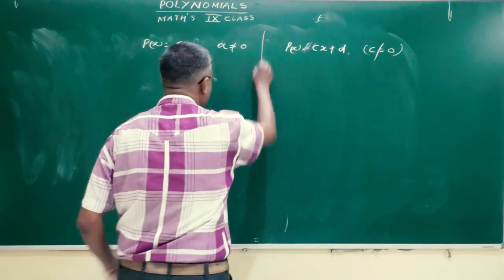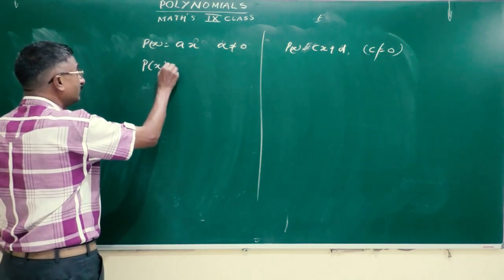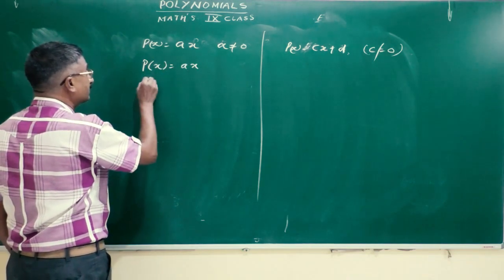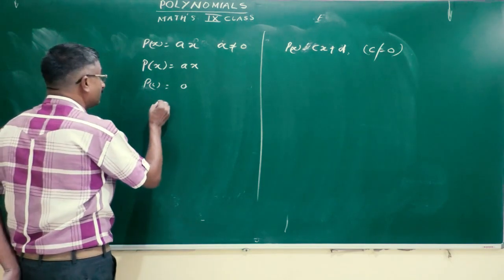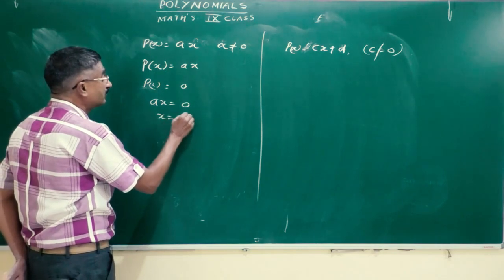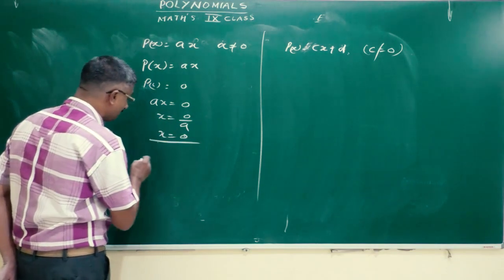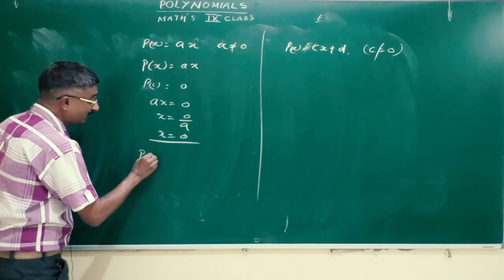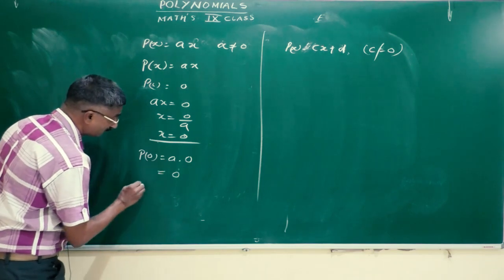Okay, we have to find out the zeros of these two. So Px is equal to Ax. So Pc is equal to 0 means Ax is equal to 0. Ax is equal to 0 upon A we can write. So x is equal to 0. It means by substituting the value, P0 is equal to A into 0. So this is equal to 0.